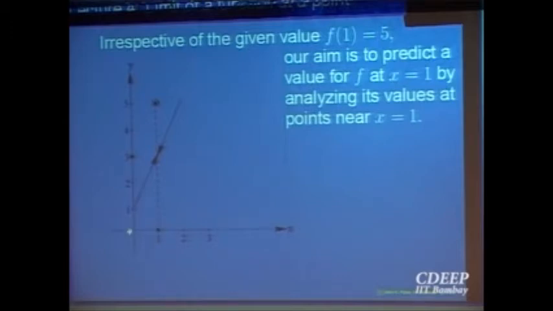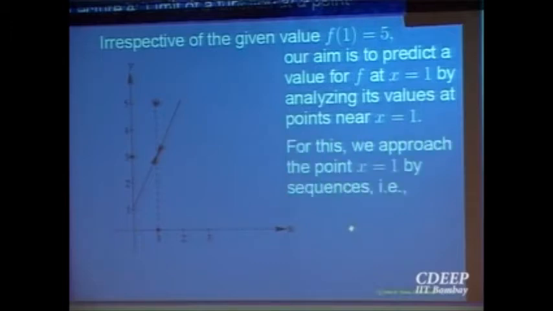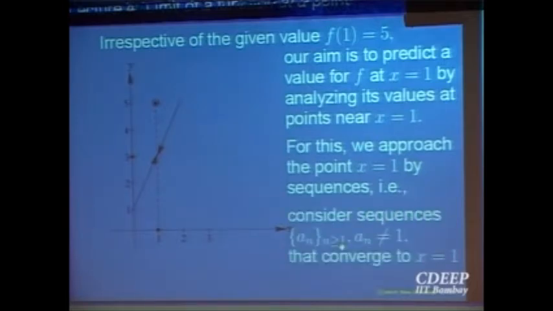that means xn will be coming closer and closer to 1 as n goes to infinity, and look at the corresponding sequence f of xn and see what happens to that sequence, the behavior of that sequence. So for this we approach the point x equal to 1 by sequences. Let us take a sequence an.